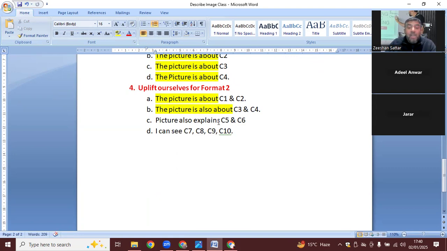The picture also explains content number 5, content 6. I can also see, और बाकी सारे content words को आप एक साथ बोल सकते हैं without bothering yourself. For an example, the picture is about content word 1, content word 2. The picture is also about content word 3, content word 4. The picture also explains content 5, content 6. I can also see all relevant contents you can work on.